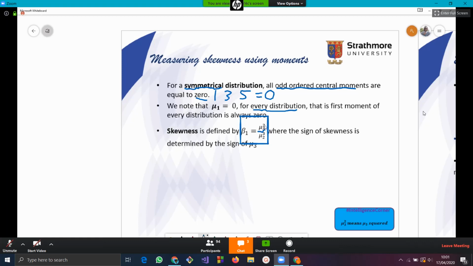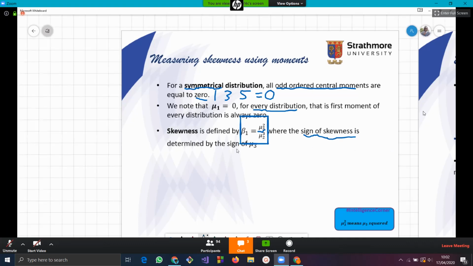Then I will take the sign of the skewness, positively skewed or negatively skewed, from the third moment. If my third moment was negative, I will say the data set is negatively skewed. If it's positive, I will say it's positively skewed. This is well understood by doing examples.